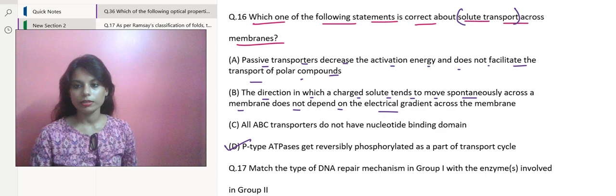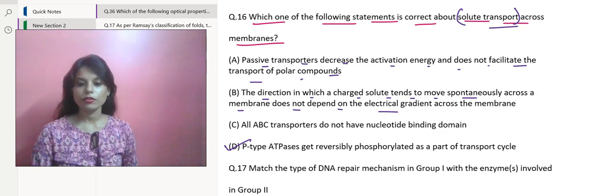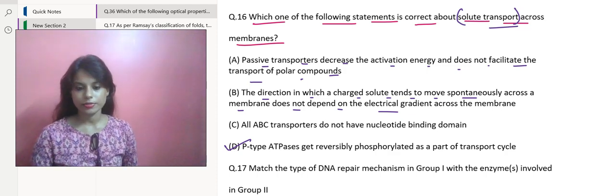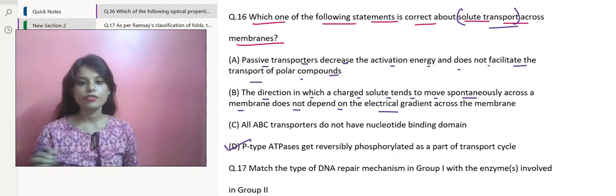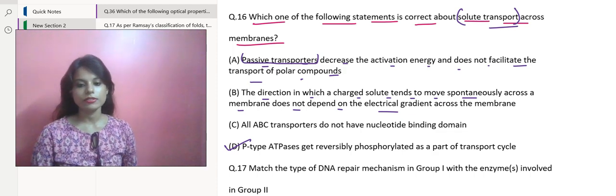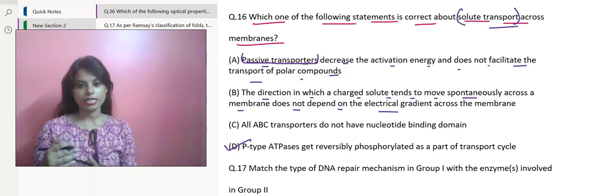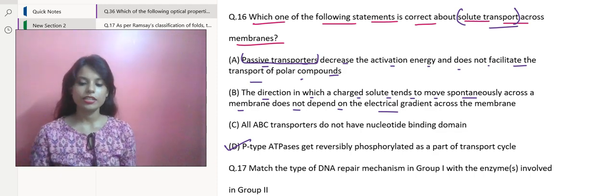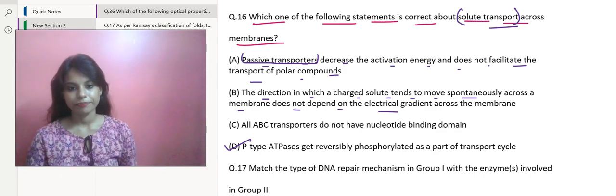What is this all about? Solute transport across membranes actually occurs through either passive or active transport mechanisms. Okay. Let's talk about passive transporters now. Passive transporters facilitate the movement of solutes down their concentration gradient without the expenditure of any kind of energy.